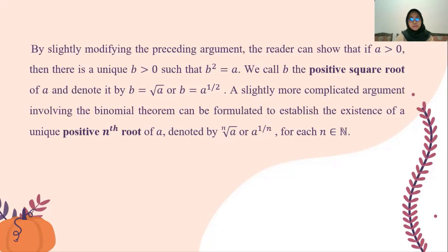A slightly more complicated argument involving the binomial theorem can be formulated to establish the existence of a unique positive nth root of A, denoted by ⁿ√A or A^(1/n), for each n ∈ ℕ.